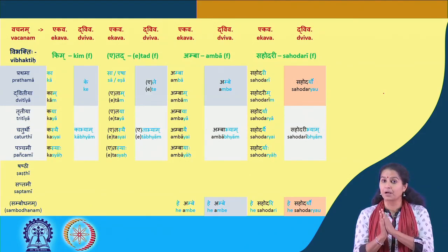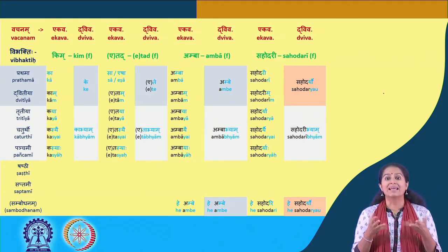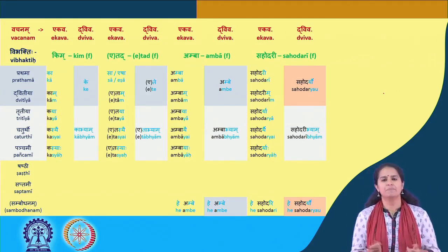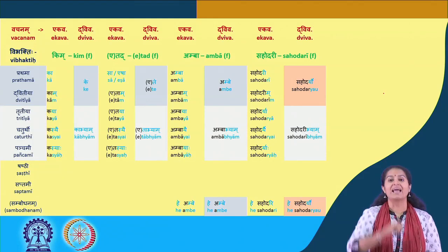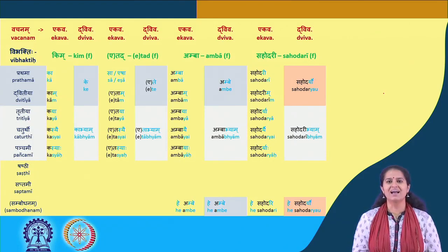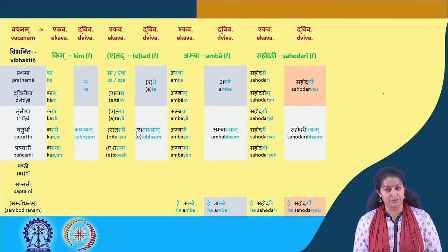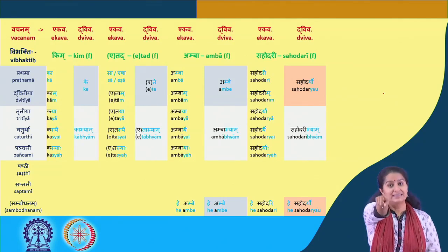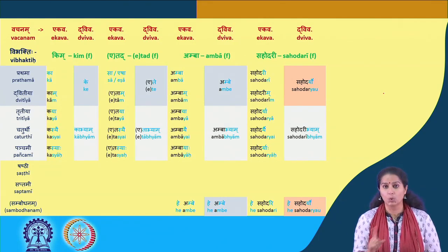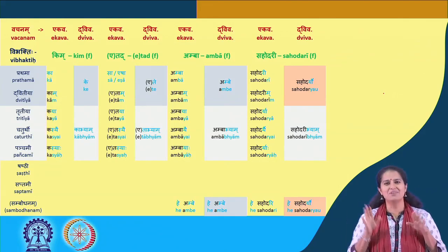So ka doesn't become kau, it becomes ke. Ke staha becomes te ambe staha, just like te mitre, te ambe staha. And for the ikara word? Te sahodaryau staha.